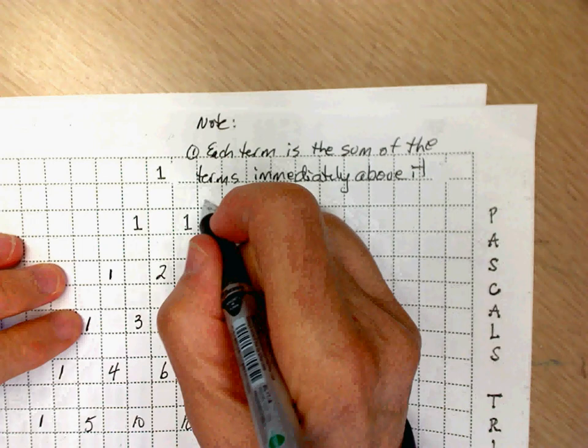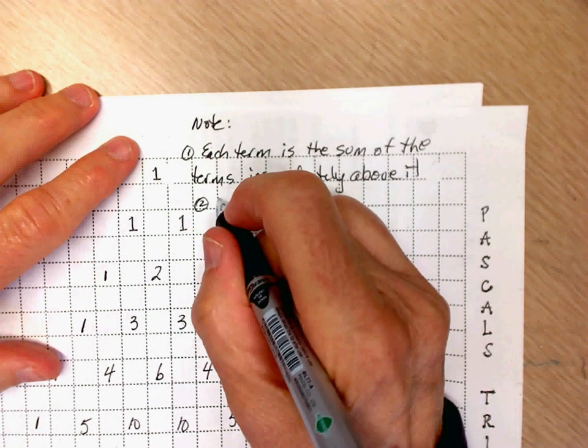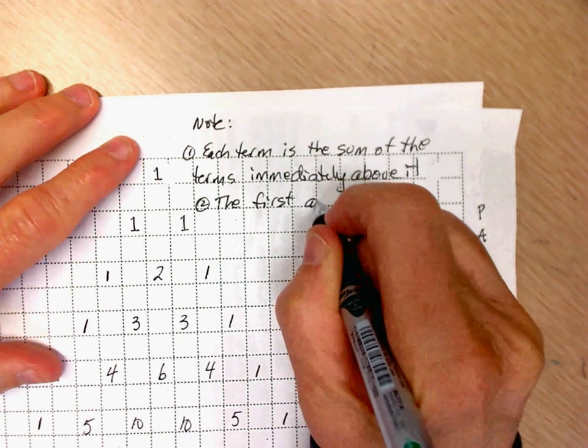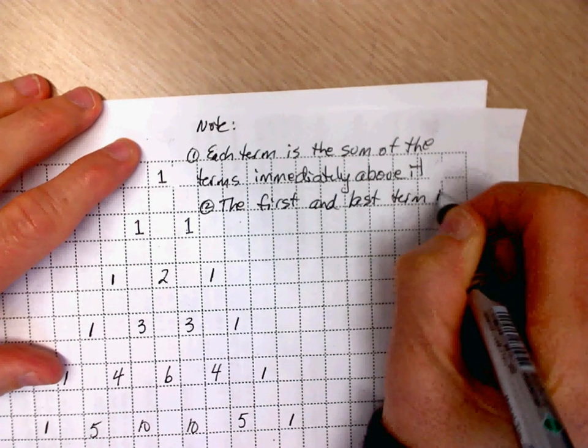Number 2: the first and last term in each row is 1.